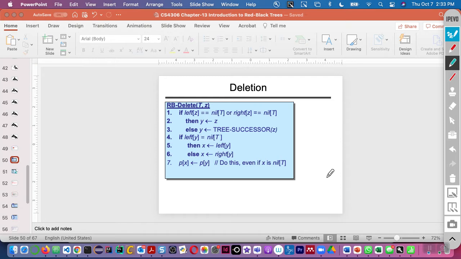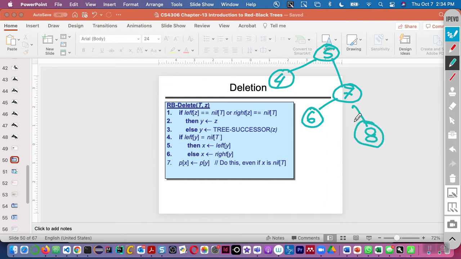So in a BST, for instance, we have a BST like 5 and then 4 and then 7, and then 6 and then, for instance, 8. Let us recall how we delete a node from a BST.